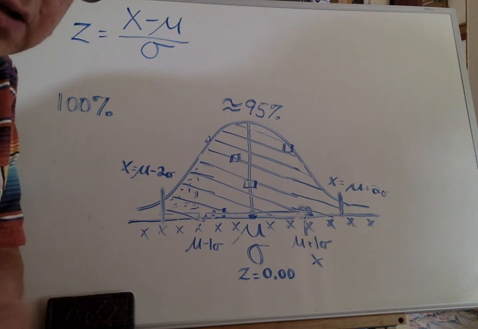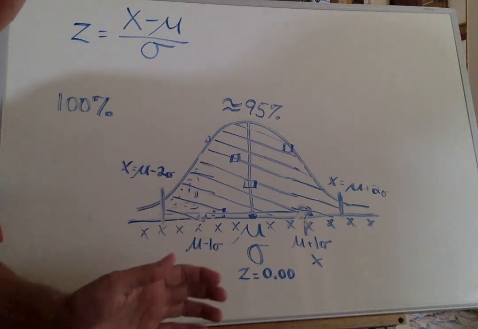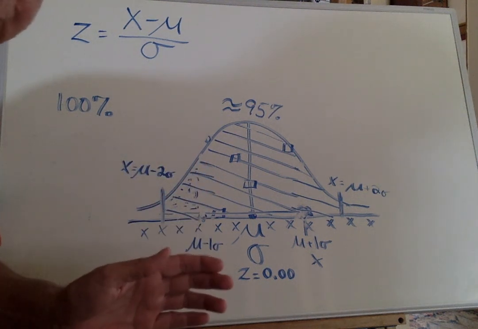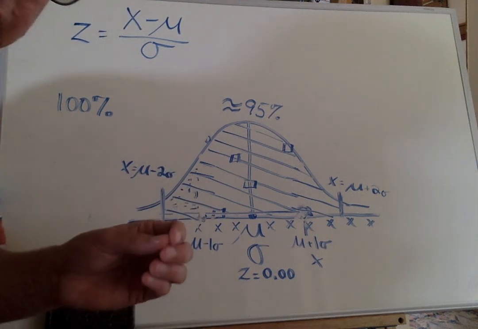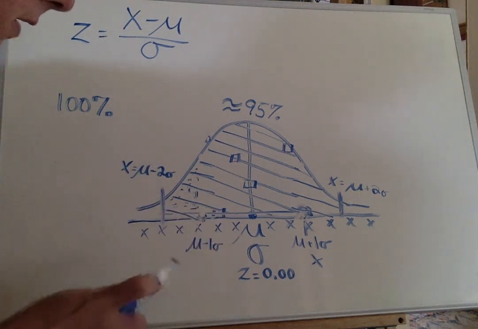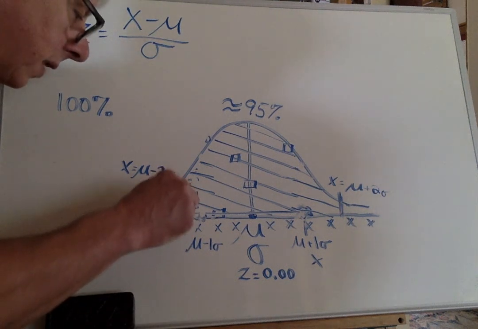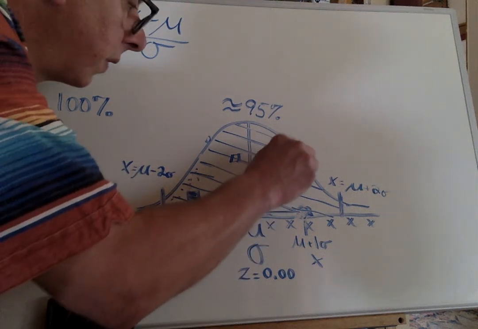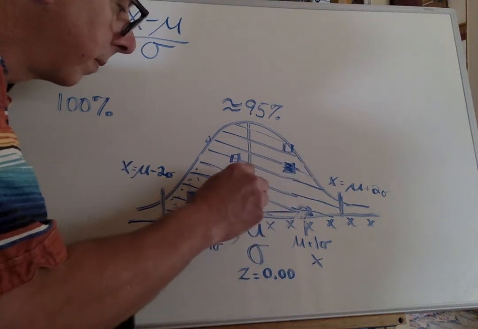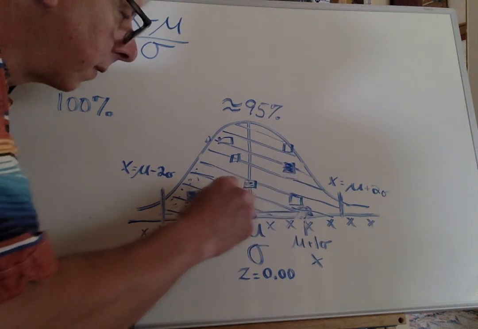For any normal curve, about 95% of the entire population falls within 2 standard deviations. Okay, you got me again here? That is, if I say you fall within 2 standard deviations, does this fall within 2 standard deviations of the mean? Yeah. Does this? Yep, yep, yep, yep. All of these scores here.